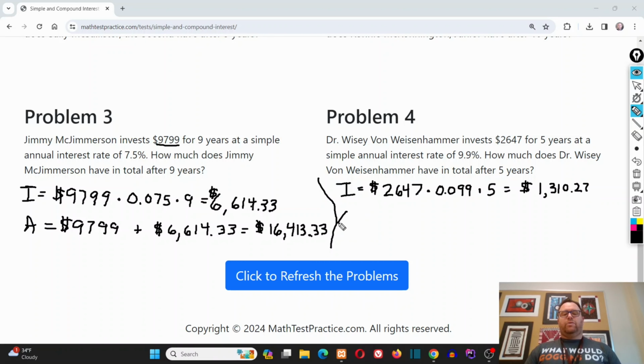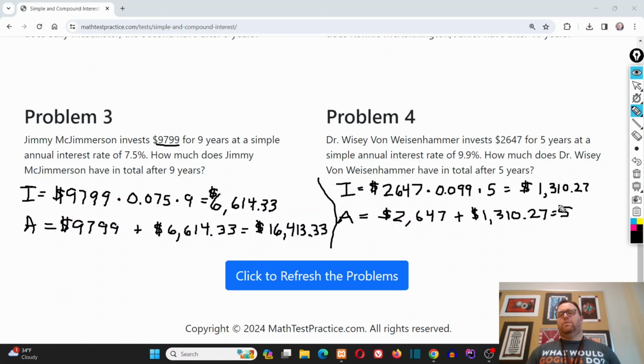Okay, now the total amount is going to be the principal plus the interest. So $2,647 plus the $1,310.27.